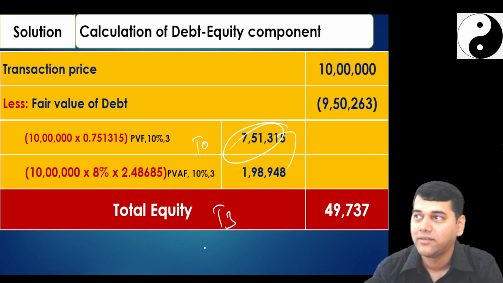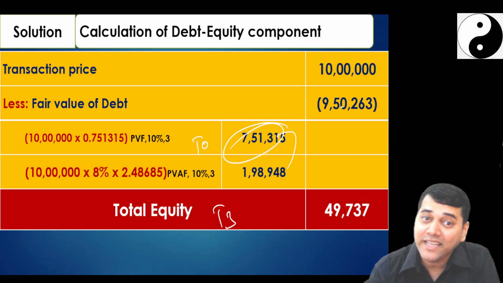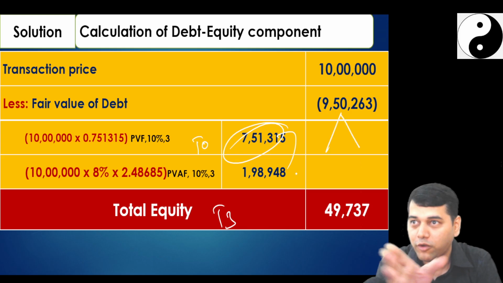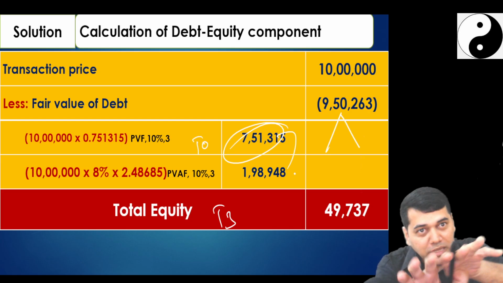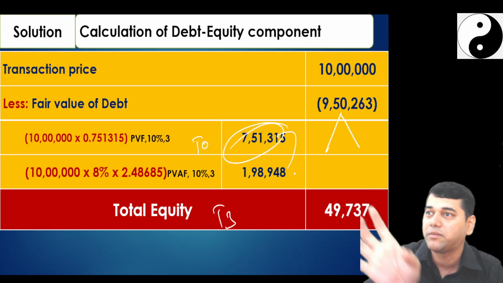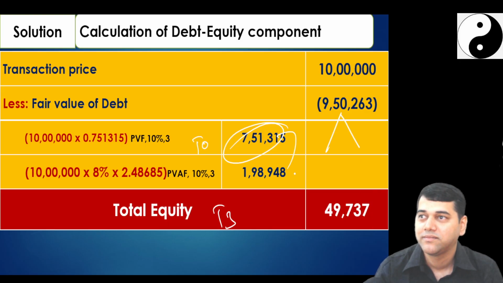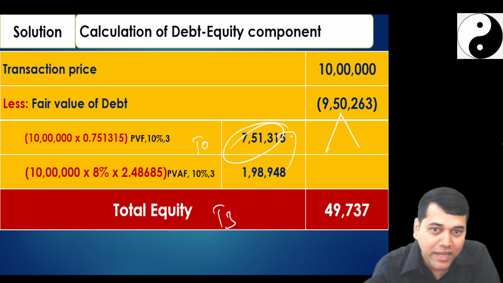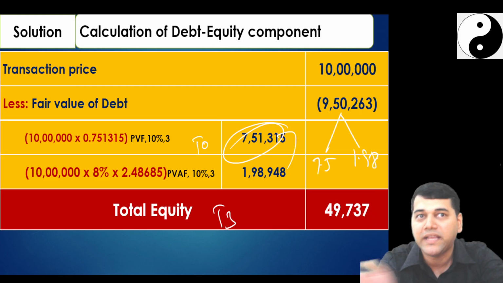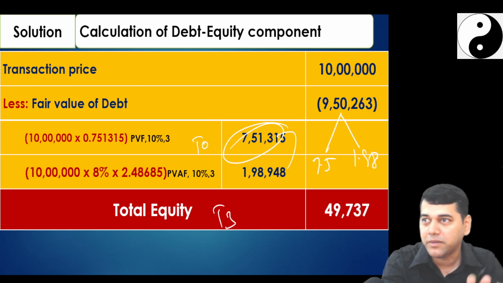No. The 9,50,000 has two components. In Advanced AFM, you have got this somewhere. Give me the breakup in present value of how much is coming from the principal and how much from the interest. You say that this much, 7.51, comes from the principal, and 1.98 from interest. This is called stripping. You cut that, principal separate, interest separate.